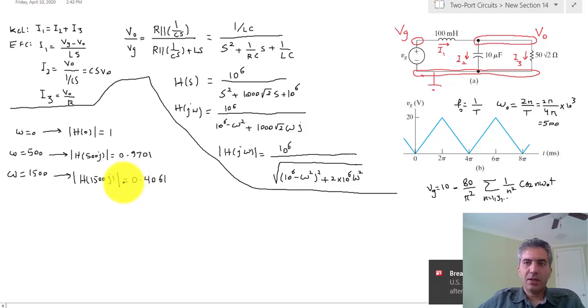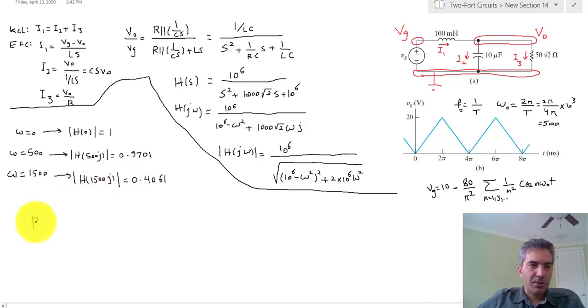Now, in order to calculate the average power, as we said, you have to have the RMS value of the output, then take that to the power of 2 and divide that by the resistance. So the RMS value of the output, this is something that you can do.